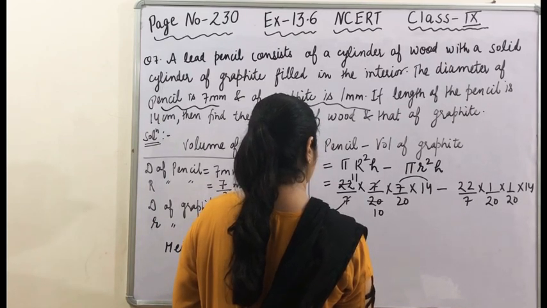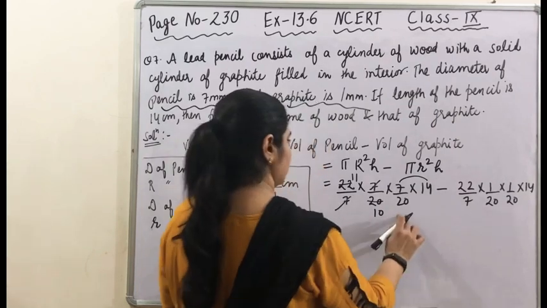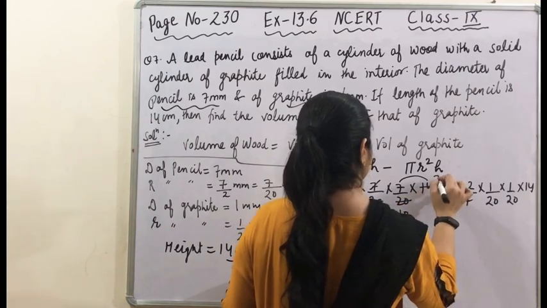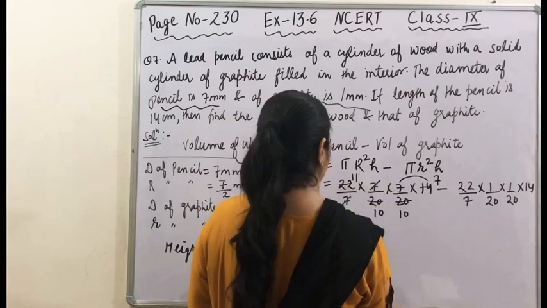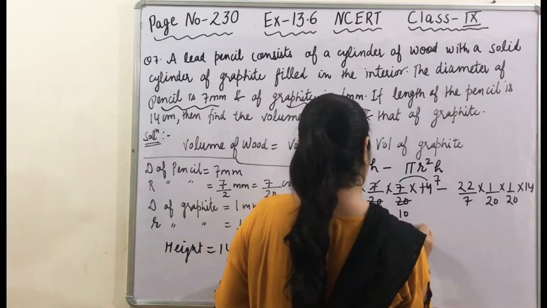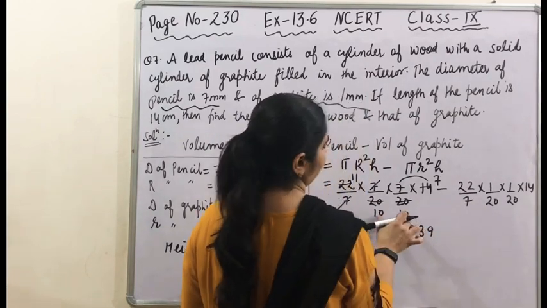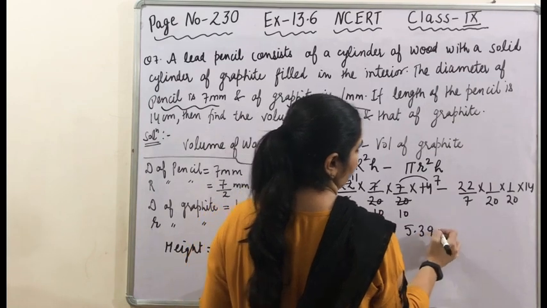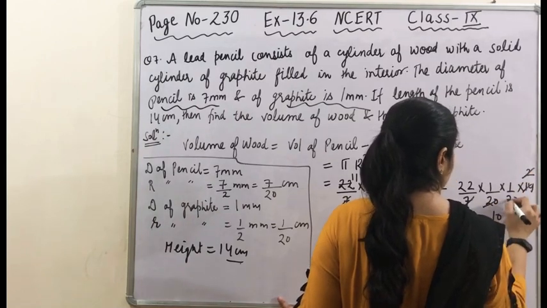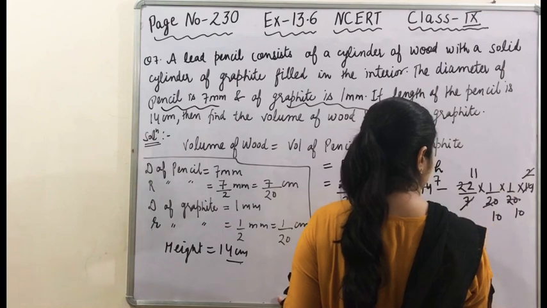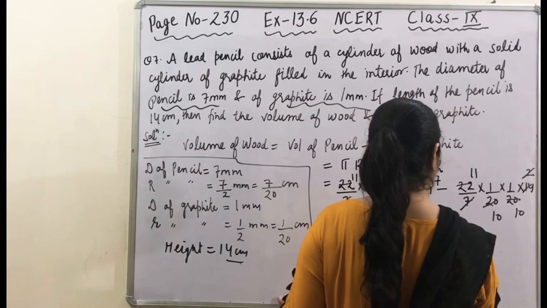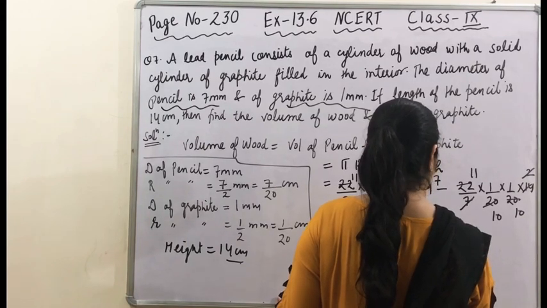There is also this 2, so we can do the cancellation. 7 7s are 49, and 49 into 11 is 539. 5.39, because 100 is in the denominator, minus 11 by 100, which means 0.11, which gives 5.28.